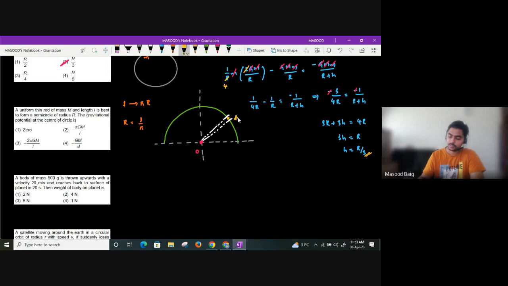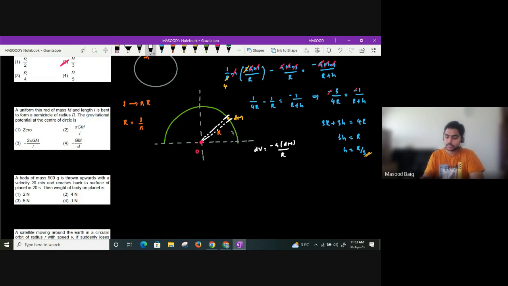Yes. And how much is the distance of this element? It will be at a distance small r, or you can say capital R, which is the radius. So because of this element, being a small point mass, what will be the potential, beta? Small potential, I'd say, is minus G dm divided by r.